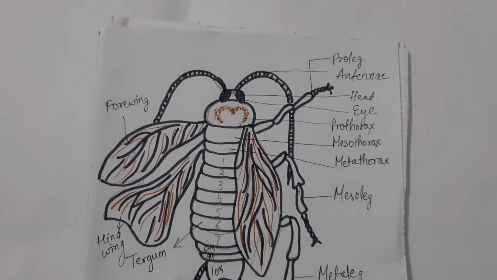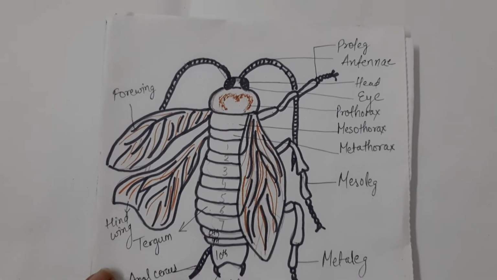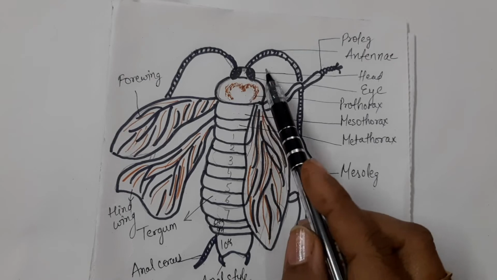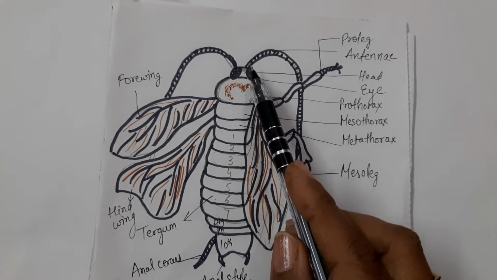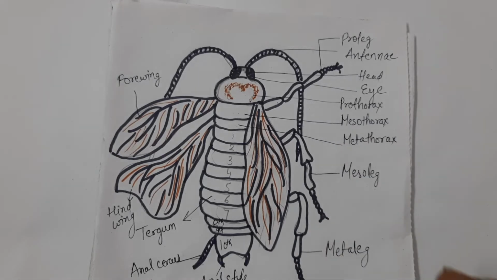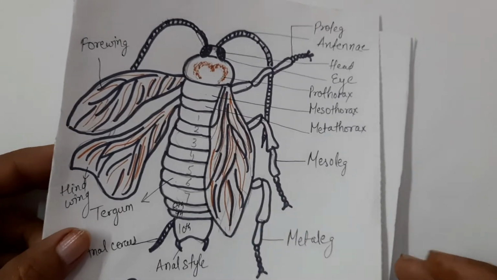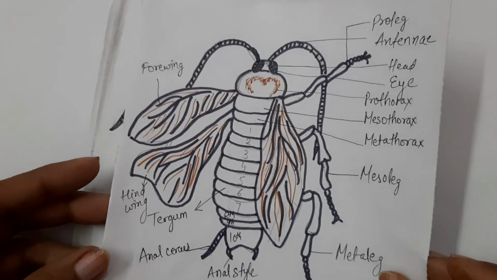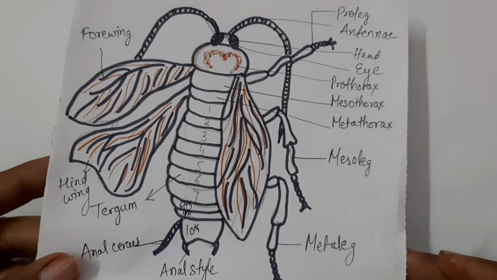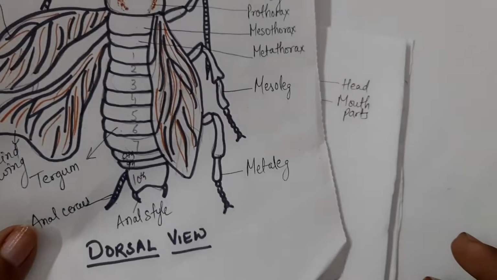Since we have discussed the dorsal and ventral views of the cockroach, some of the details that I want to explain now begin with the head. This head is a segment formed by the fusion of 6 segments. I have prepared these kinds of flashcards. You can also prepare them, because they are easier to carry.